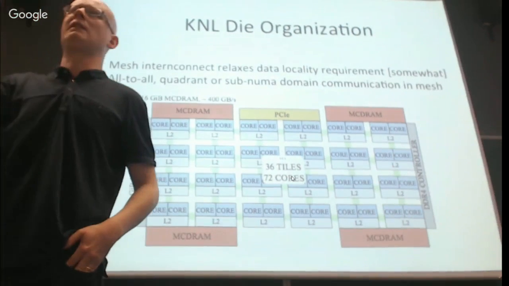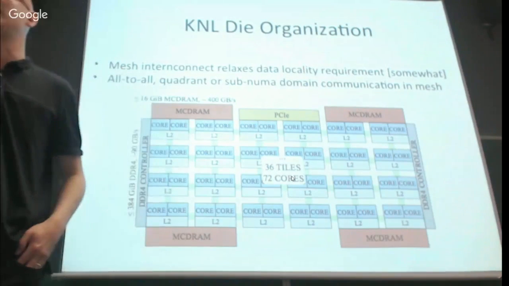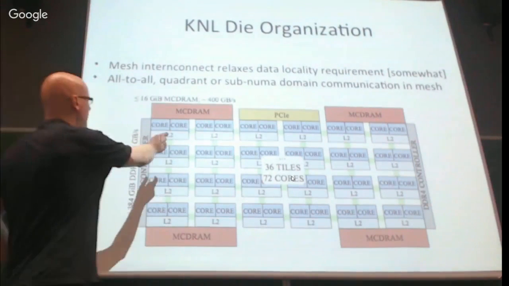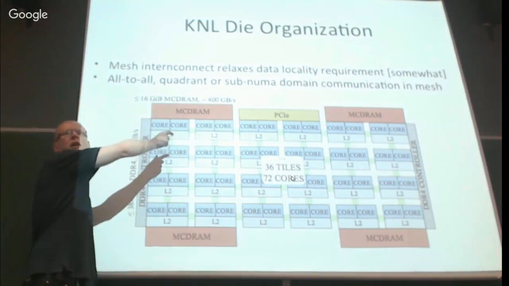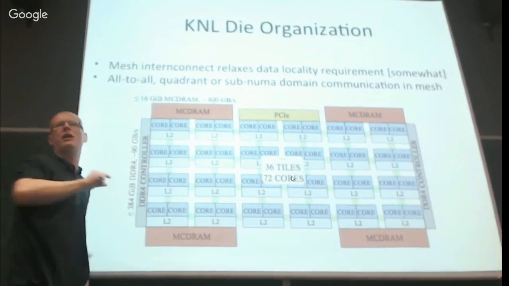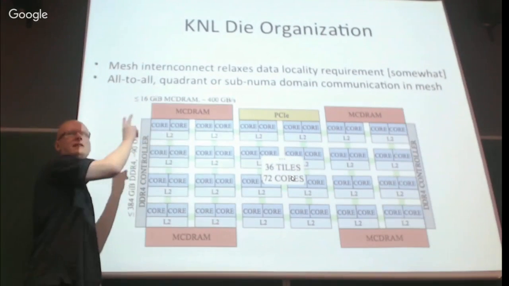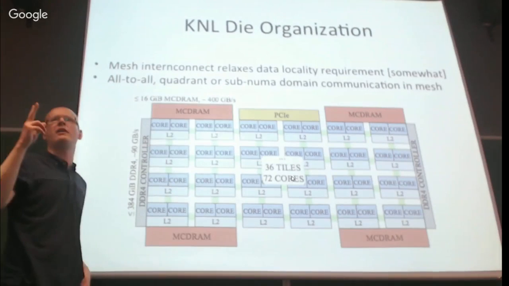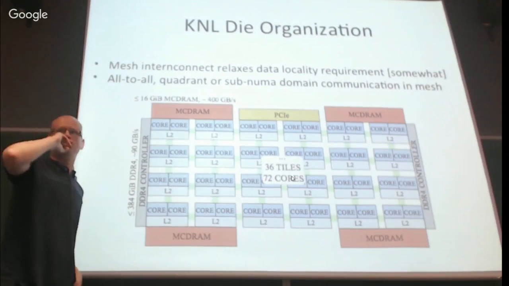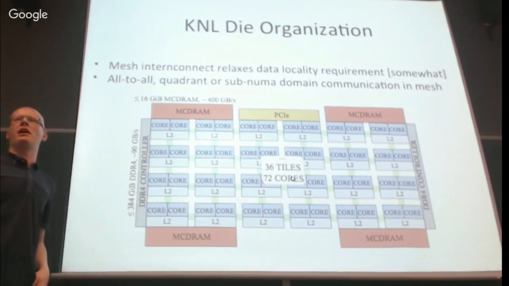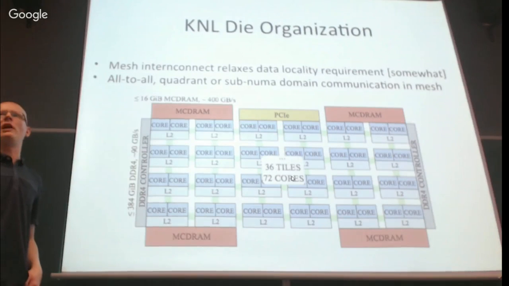I don't want to start thinking about tiles in terms of cache blocking techniques, okay? And you can see there are 2 cores per tile, and it's the tile that's connected by way of the mesh interconnect. And within each tile, you have these 2 cores, and these 2 cores share the L2.